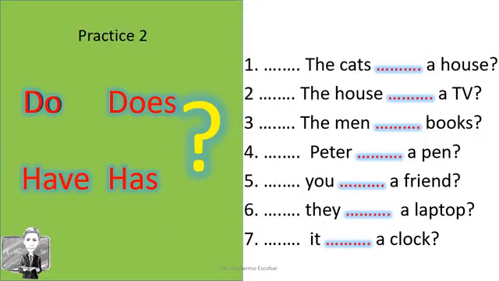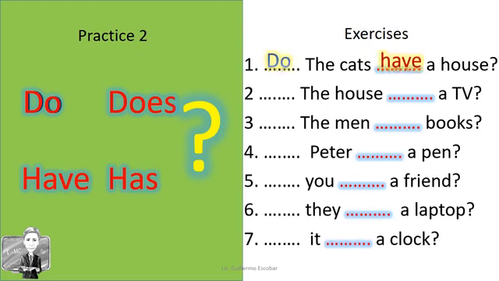Practice number 2. Let's complete with do, does, have, and has. So, read the sentences and complete with do, does, have, or has. Now, let's check it. 1.